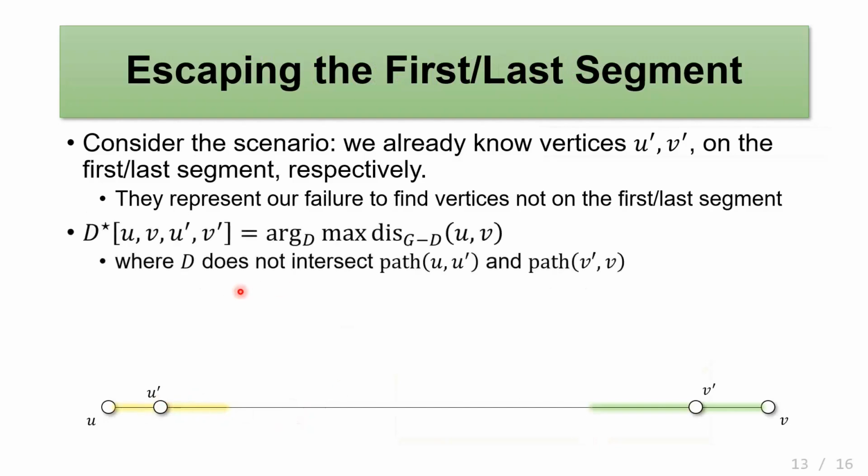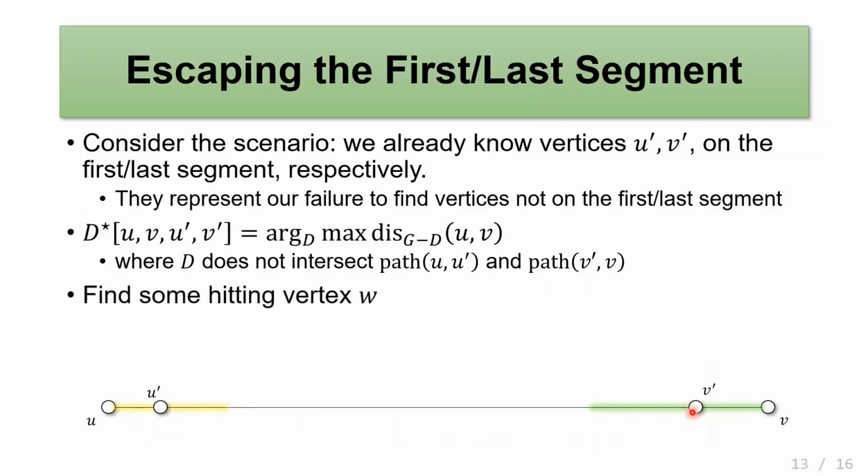Let D star UV U prime V prime be the maximizer of this G minus DUV, where this D does not intersect path U to U prime and path V prime to V. Since the actual set of values do not intersect path U to U prime and path V prime to V, we know that D star is a good hitting set for path G minus UV.